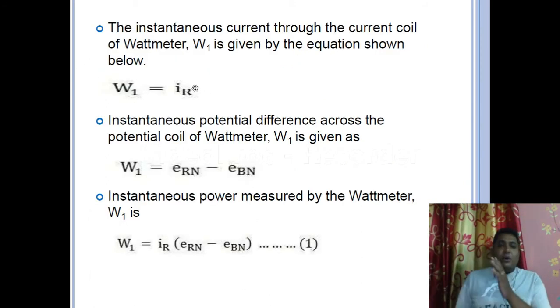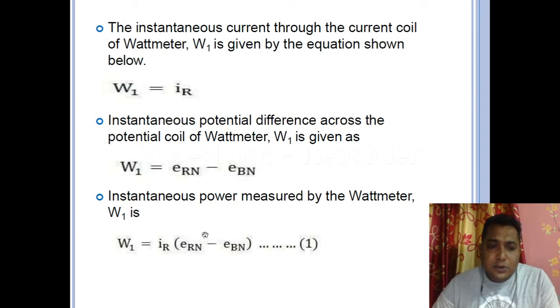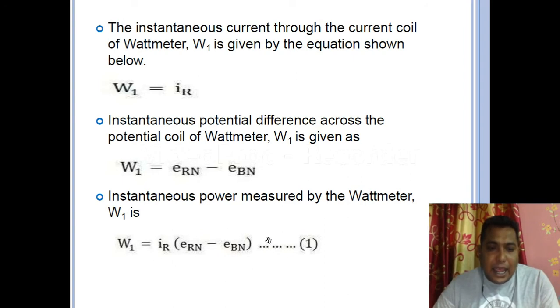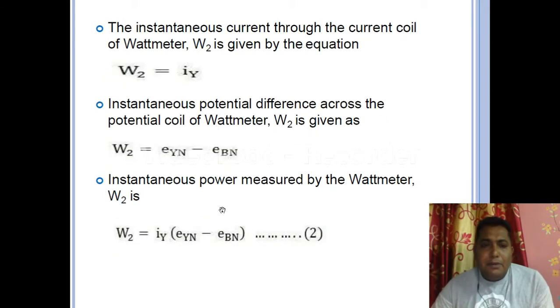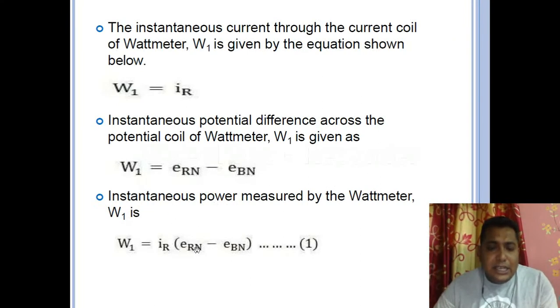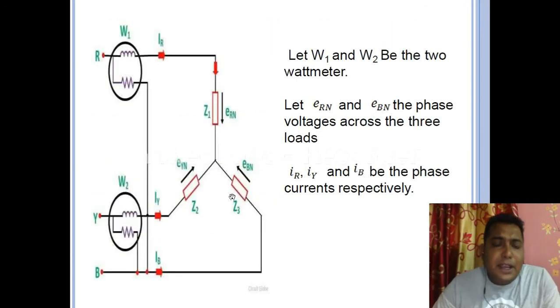Okay. Now the W1 reading. Just follow the last line. The wattmeter shows us the product of this current and this EMF. What is the EMF? ERN minus EBN. Again coming back to the picture, that is ERN minus EBN in case of W1, the potential difference. So how can we find it out? For W1, follow my pointer: the current flowing through this particular phase is IR.